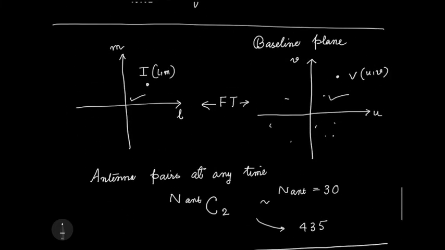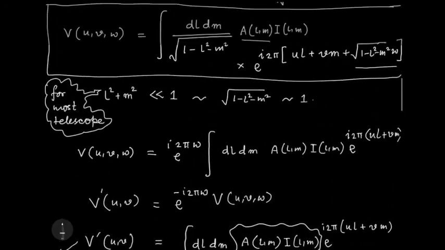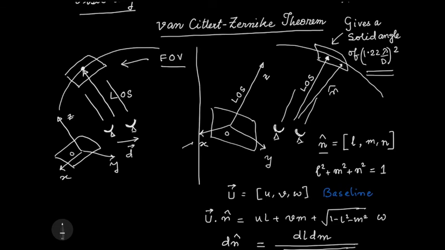You remember that this U and V, the components U and V, are in a certain Cartesian coordinate system. And that Cartesian coordinate system we discussed here. And the direction in which you are looking at changes with time.